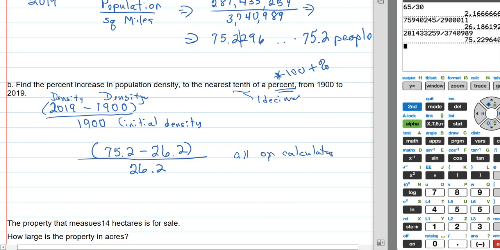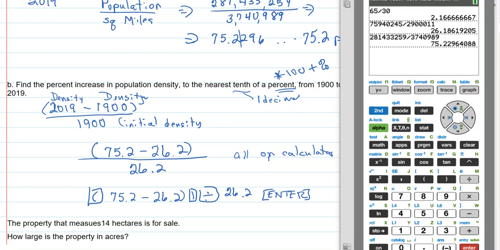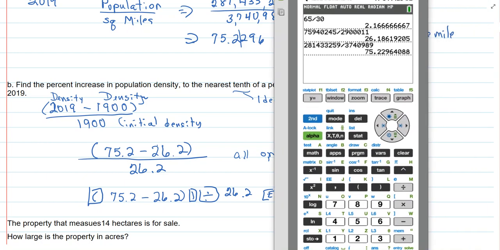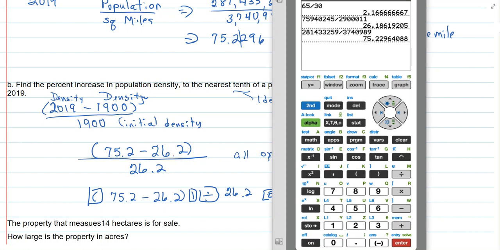All right. So we're going to open with a parenthesis and then enter the 75.2 minus the 26.2, and then we're going to close parenthesis, hit the divide sign, and then enter our initial 26.2 and enter. All right, so let me get my calculator closer so that you can see it. There we go.